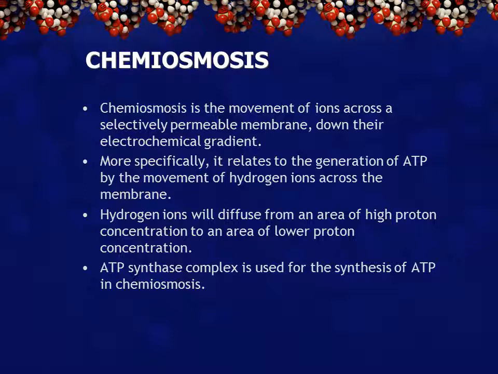The movement of hydrogen ions is happening, and by the movement of the hydrogen ions the generation of ATP occurs. The hydrogen ions are moving from the region of high concentration to the region of low concentration, and the ATP synthase complex is used for the synthesis of ATP in chemiosmosis.